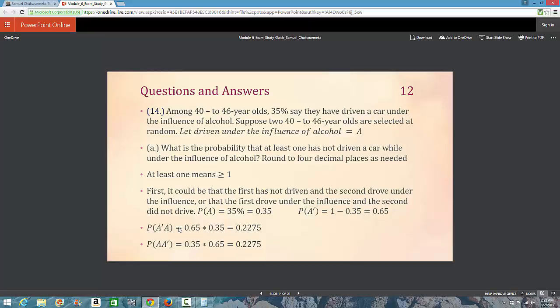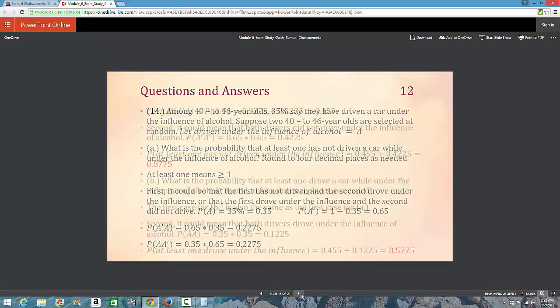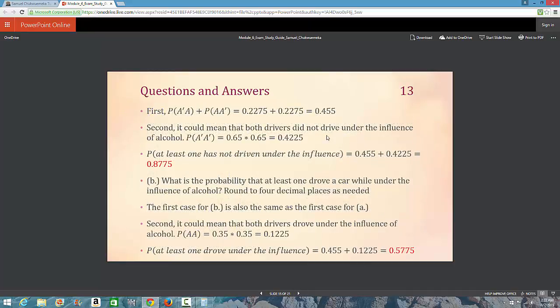Case 1, first one has not driven, second one has driven. Or first one has driven, second one has not driven. Or both the first and second have not driven. Okay, when you do that and you add it up, you get 0.8775.